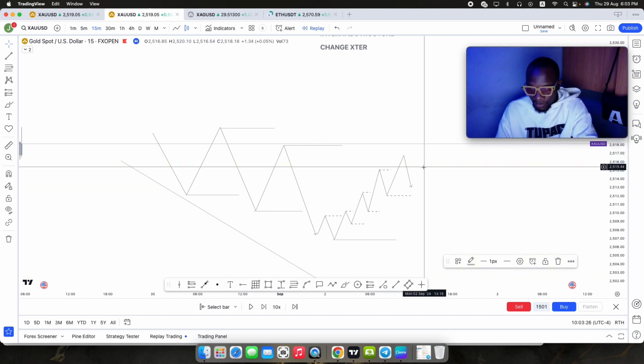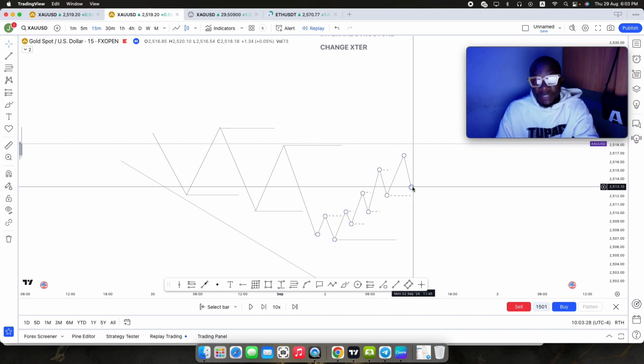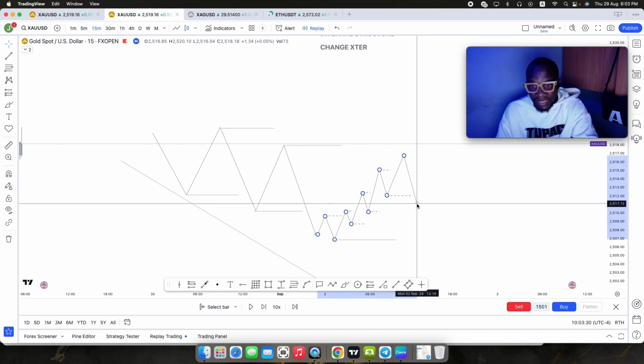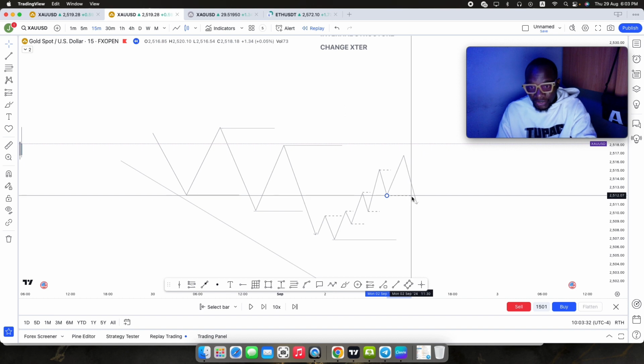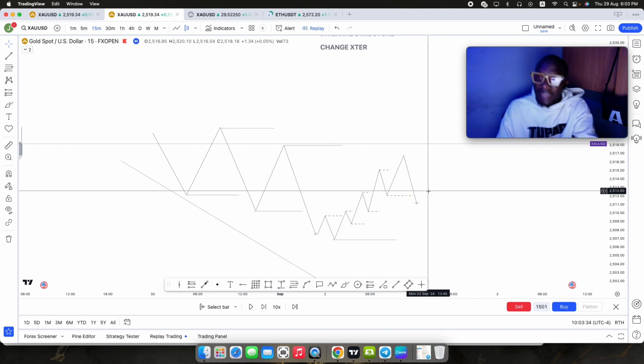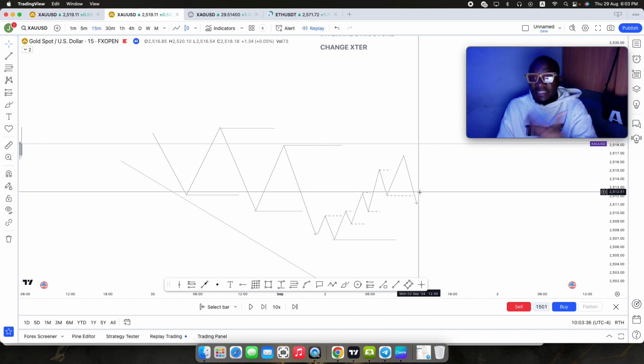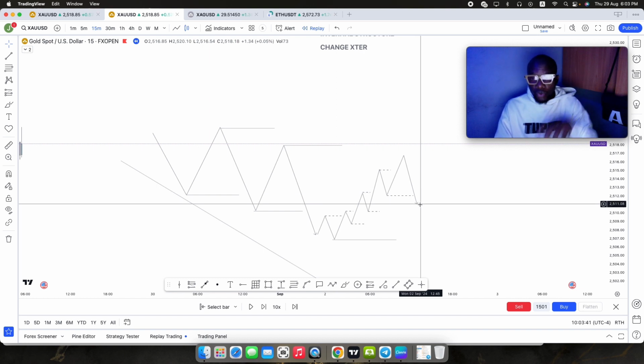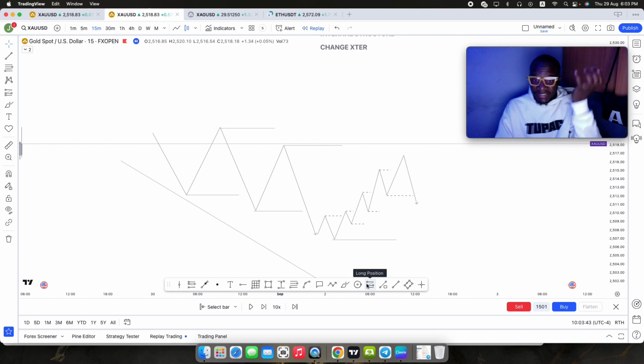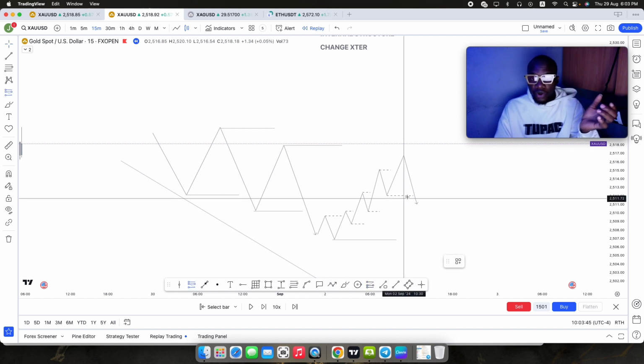So now when we apply this change of character, let's assume that this place is now broken to the downside. Then we can confidently say that the pullback is done. Now we want to go for a major sell, and this major sell will cause us to do what?